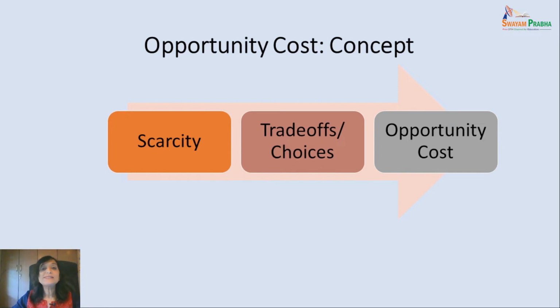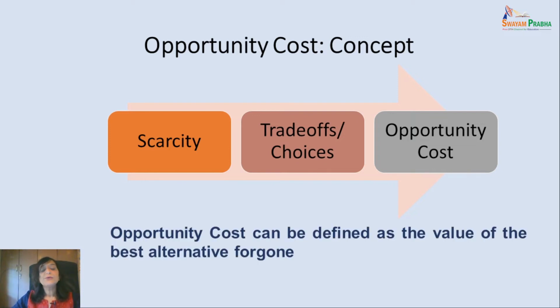So you have lost that satisfaction because you have not chosen to take up something else. And because of losing that satisfaction, the cost involved is called opportunity cost. So if we have to define opportunity cost, we say it is the value of the best alternative foregone.